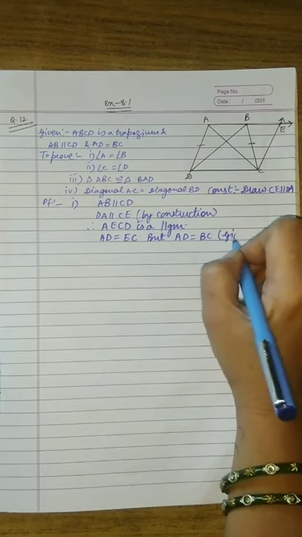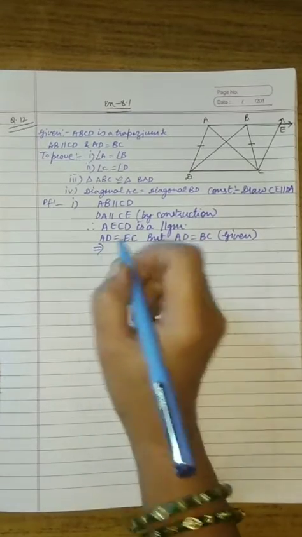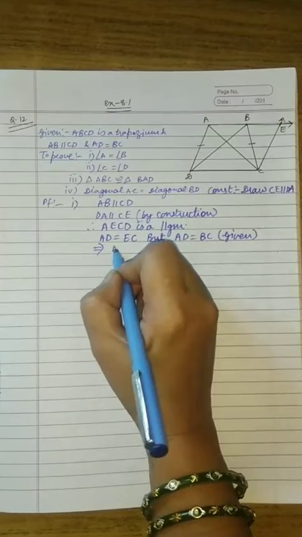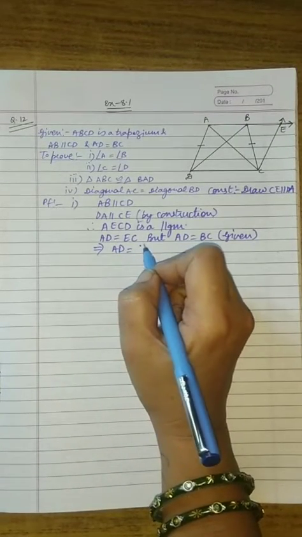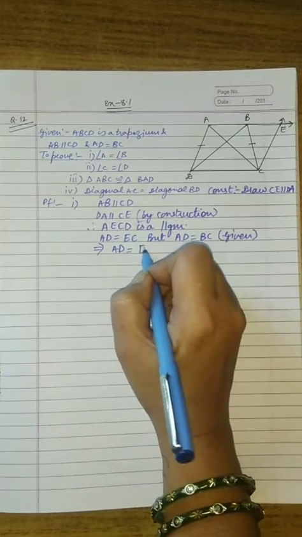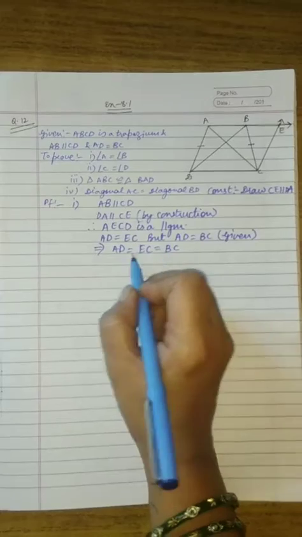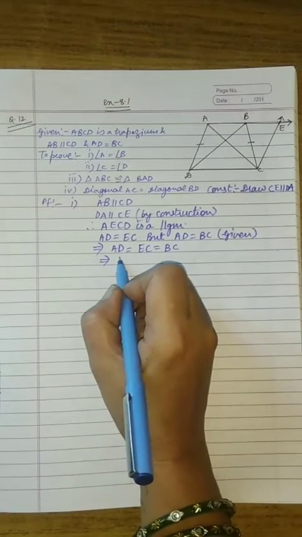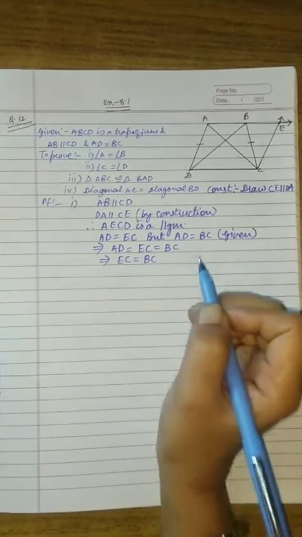In question we are given also AD is equal to BC. It implies if AD is equal to EC and AD is equal to BC, it implies AD is equal to EC is equal to BC. So AD is equal to both EC and BC. So it implies that EC is also equal to BC.